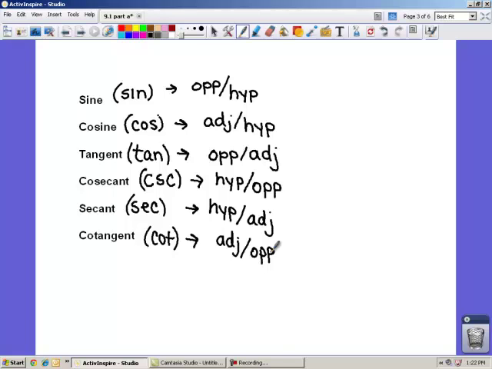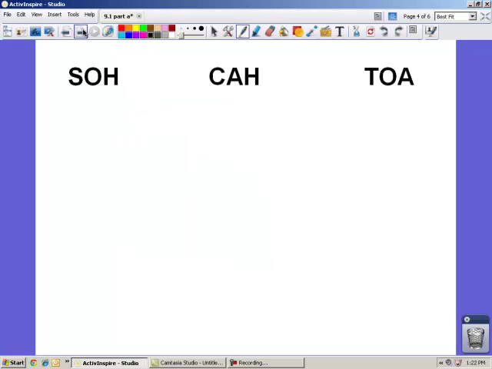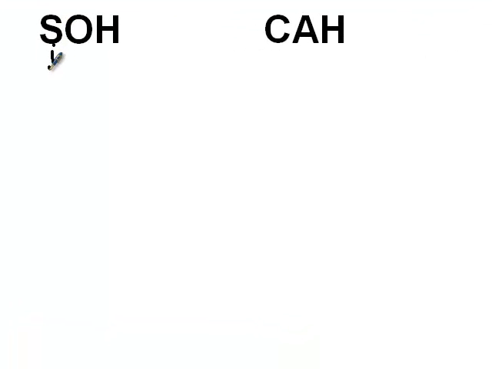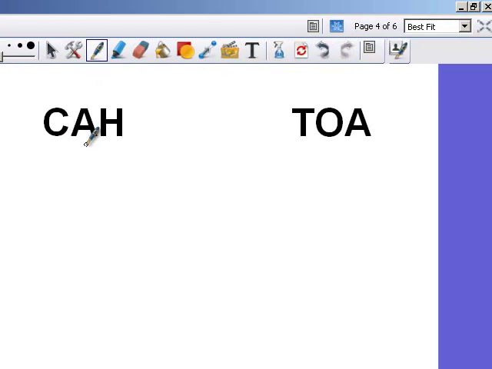Now, this is a lot to remember. So there's a way to remember this a little easier. And we use the phrase SOHCAHTOA. I don't know if you've ever heard of this, but this stands for sine, which is opposite over hypotenuse. C stands for cosine, adjacent over hypotenuse.